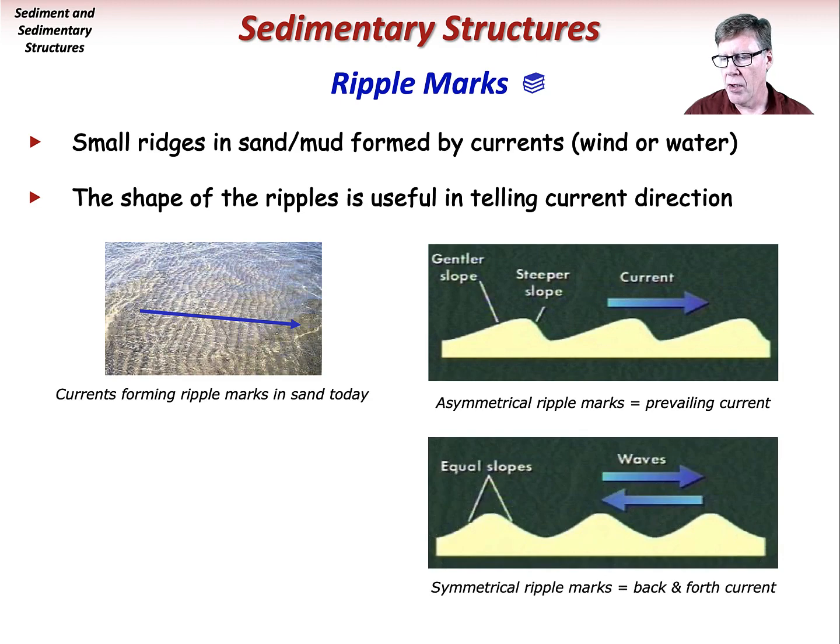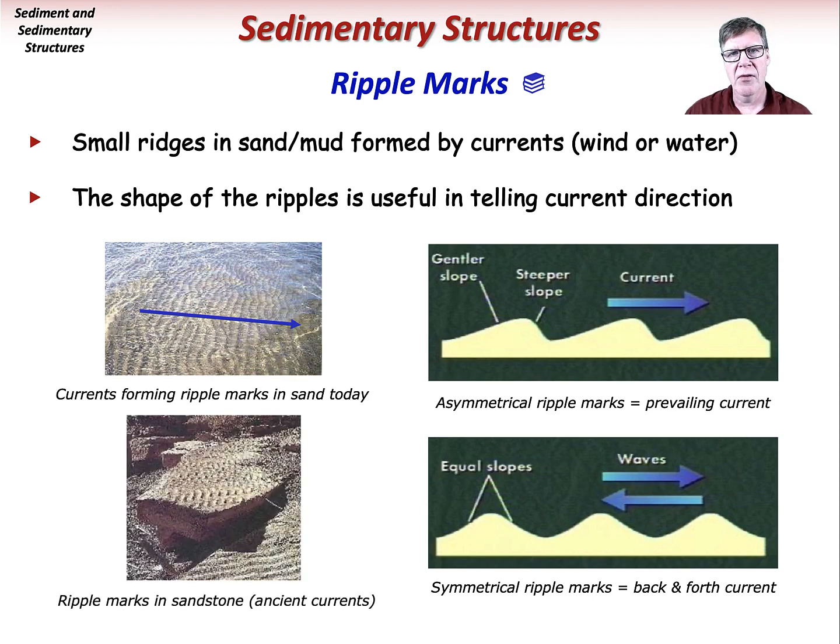Back and forth flow, or oscillating flow, forms ripples that are symmetrical about the crest, with equal slopes on either side. This is a simple but powerful indicator of ancient flow direction, so when we observe ripple marks in rocks, we can interpret current activity before the sediment became lithified into a rock.